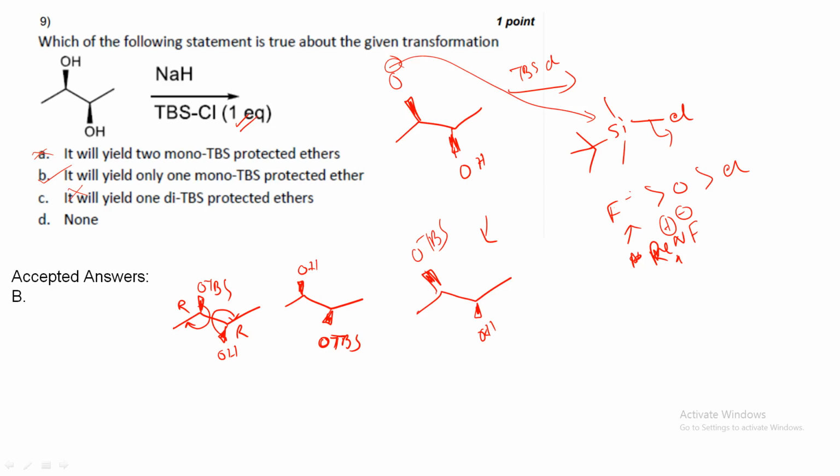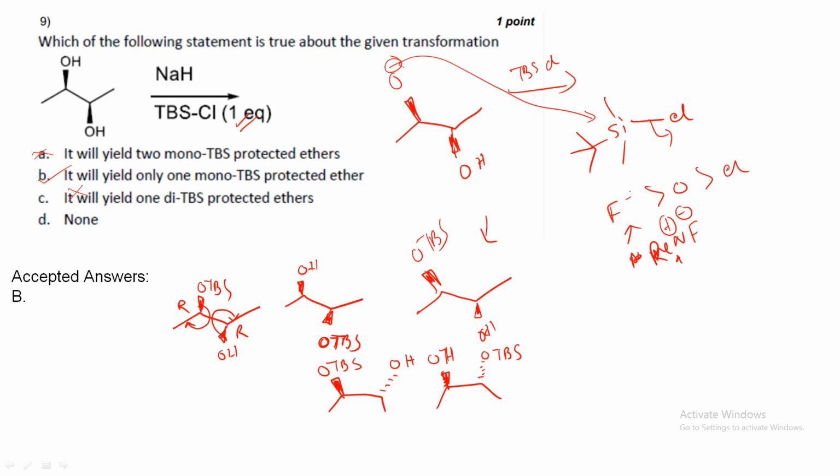So here, if we try to draw that in this particular fashion, then we would generate this one molecule below, and another molecule would be here, OH, and here OTBS.